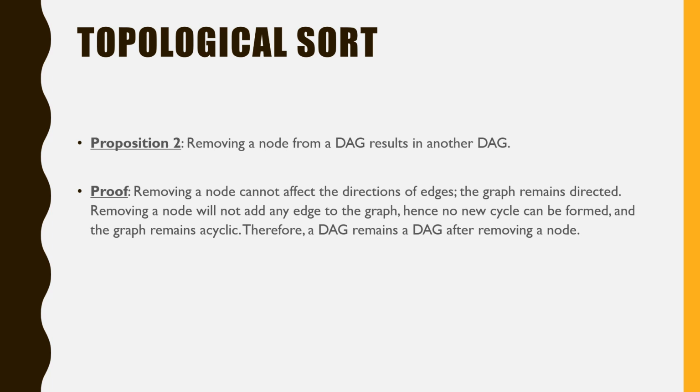Second, removing a node does not add any new edges to the graph. Since new edges are not introduced, no new cycles can be created. Because the resulting graph is still directed and acyclic, removing a node from a DAG always results in another DAG.